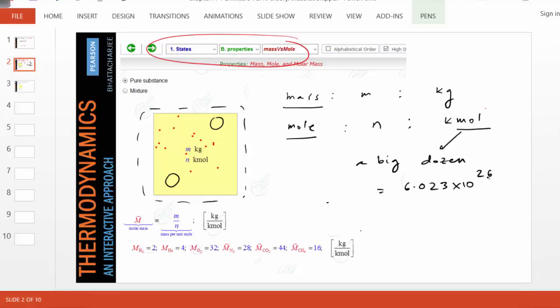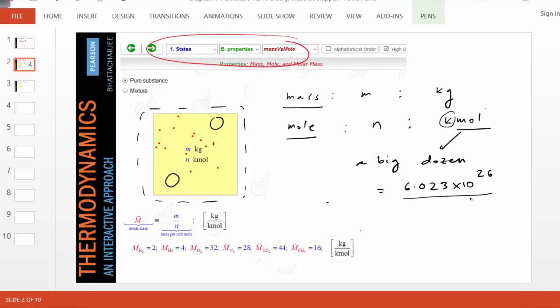You probably remember this number as 6.023 × 10^23 from your chemistry class, but notice that we are talking about kilomole, which means 1,000 mole. So that's why the number is so huge. So it's important to understand here, not to memorize the number. That number is not so important, but a kilomole means a huge, huge, huge number of molecules.